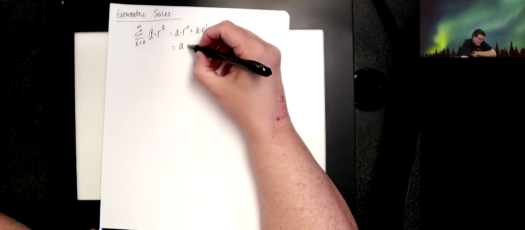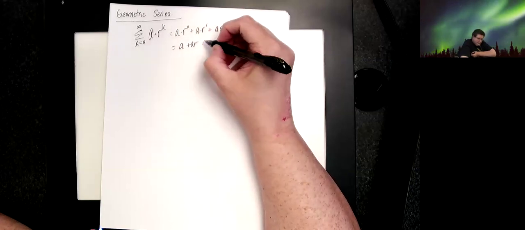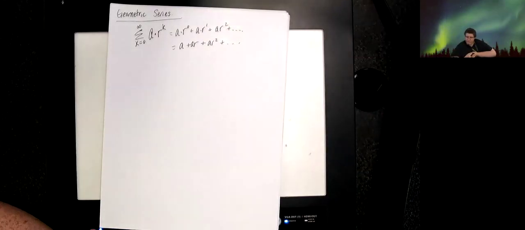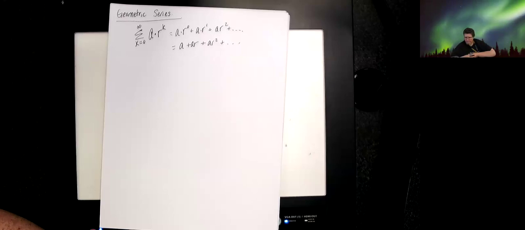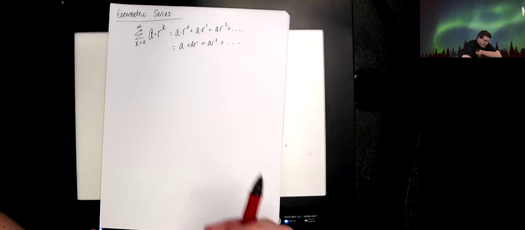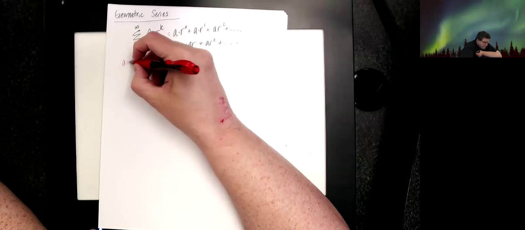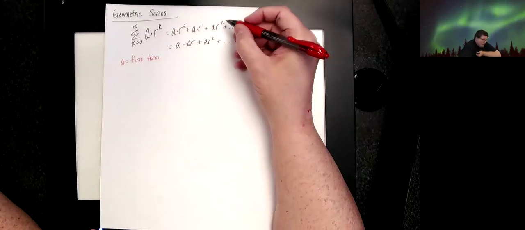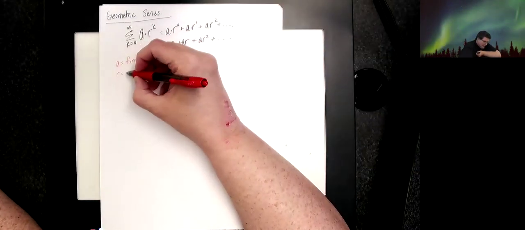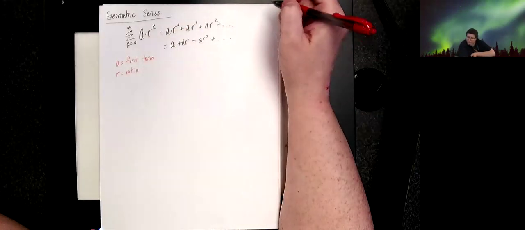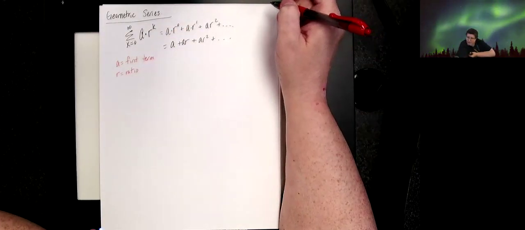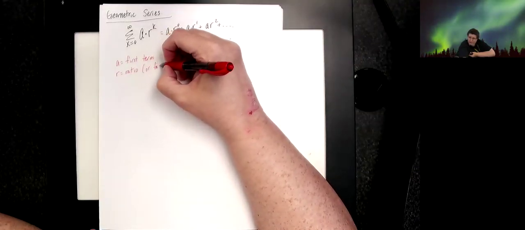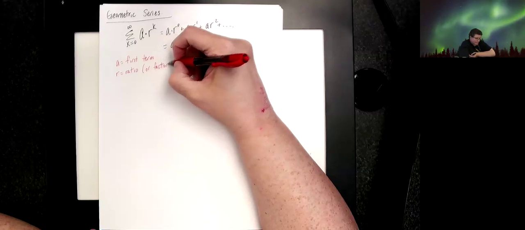And if you get rid of the exponents you don't need, like that. So a is the first term. And we use r because it has got to be a ratio, or the factor that each term increases by.